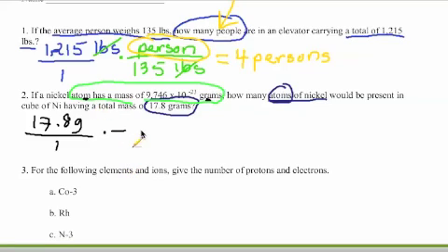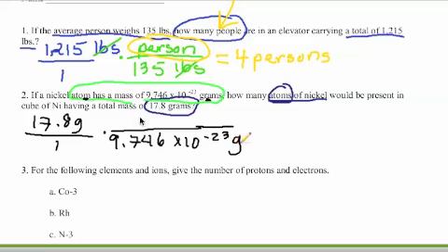I'm going to put the grams in the denominator because I want to get rid of them. Here's grams in the numerator. I want grams in the denominator. So I will write 9.746 times 10 to the negative 23 grams here in the denominator. And that is per nickel atom.